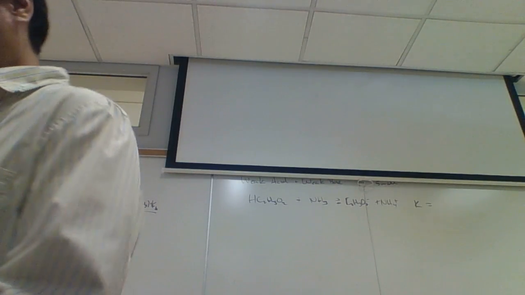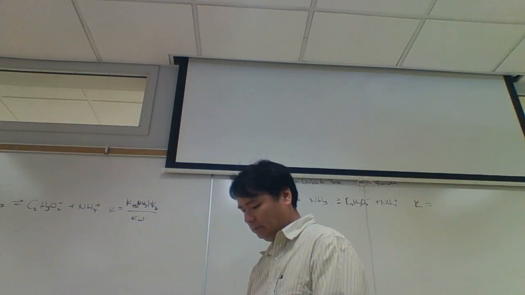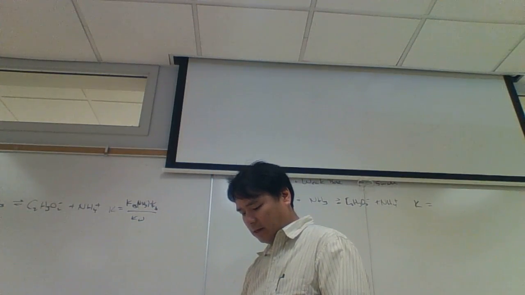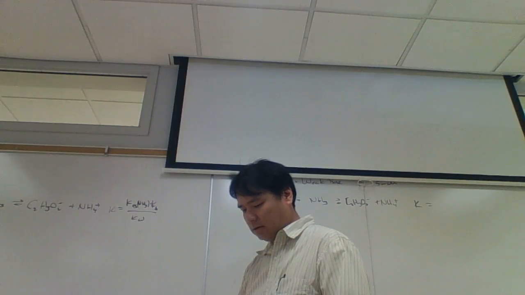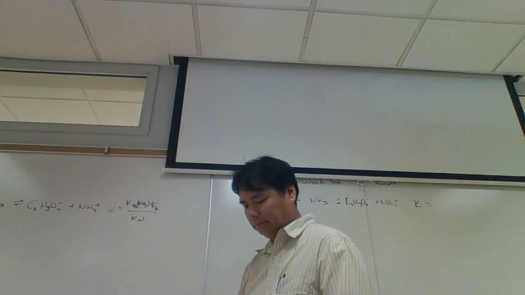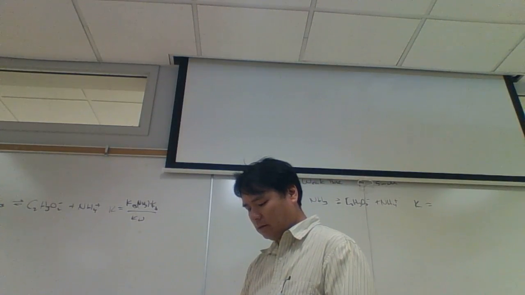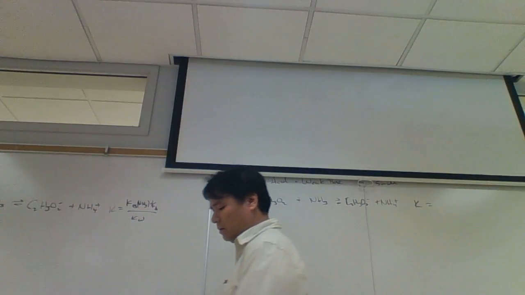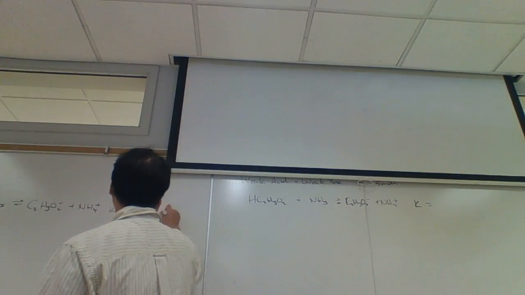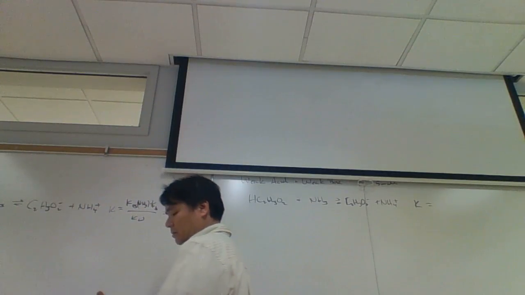It's going to be 1.8 times 10 to the minus 5 squared, divided by 1 times 10 to the minus 14. That's 32.4.